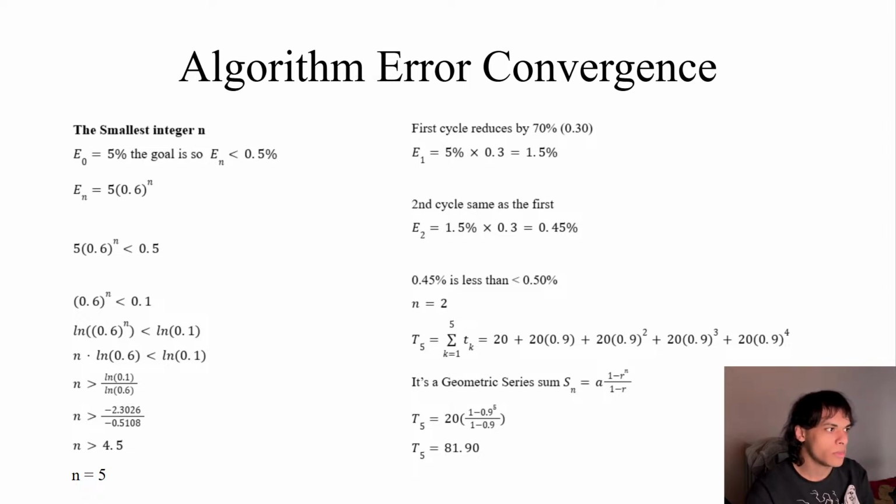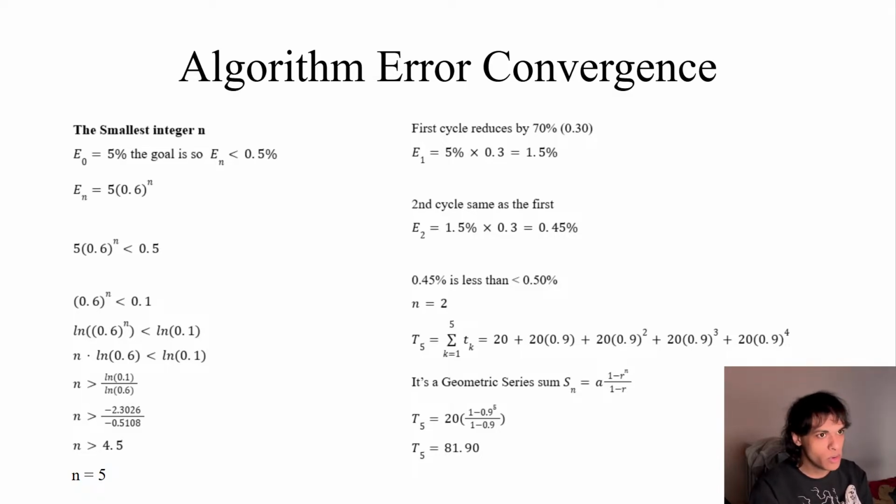a boosting algorithm that reduces the error by 70%. That's 60% of the previous error. But this one just reduces the error directly by 70%. Okay. So reducing the error by 70%, meaning that we will only have 30% error.